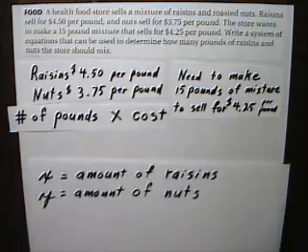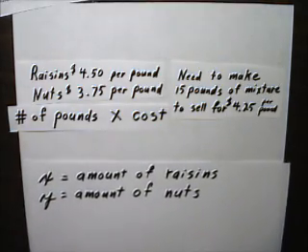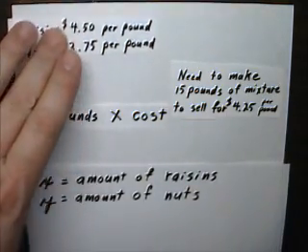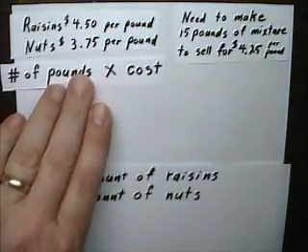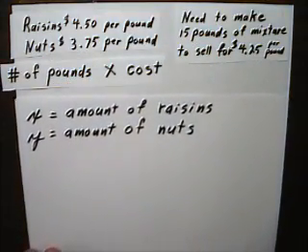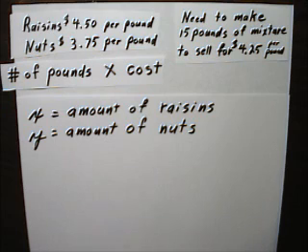To solve this, I'm going to set up a couple of variables, one for the amount of raisins and the other for the amount of nuts that go into this mixture.